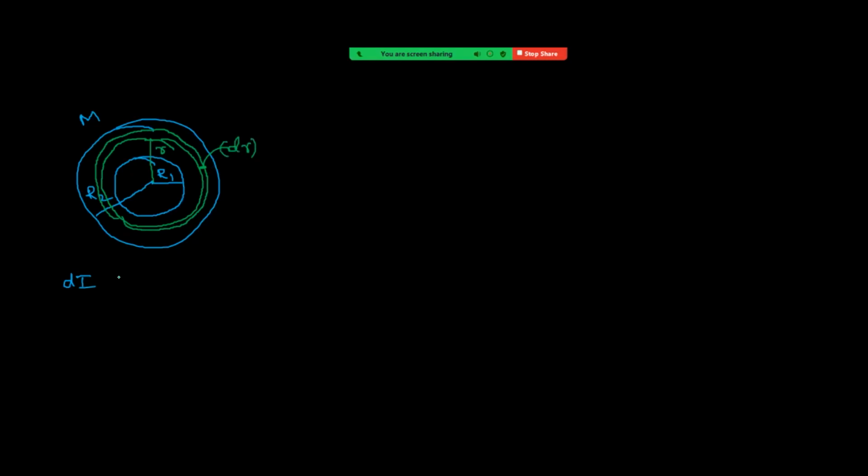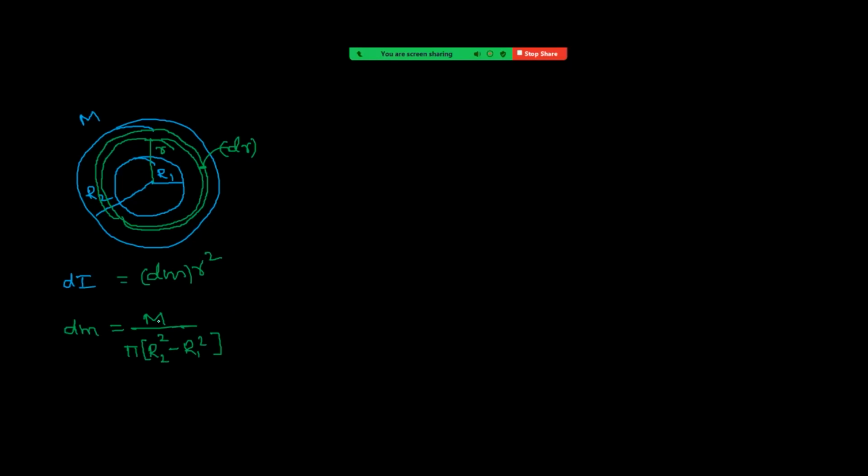For that, moment of inertia is now dm into r squared, right? Now in the place of dm, see what we can write. dm equal to M upon, coming to area, it is pi into r2 square minus r1 square.